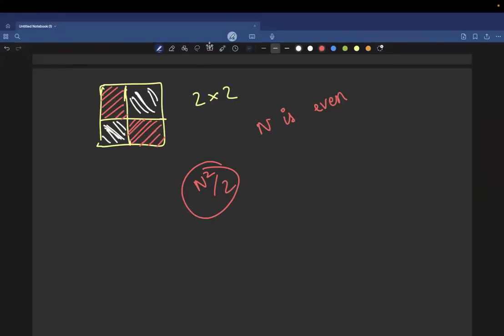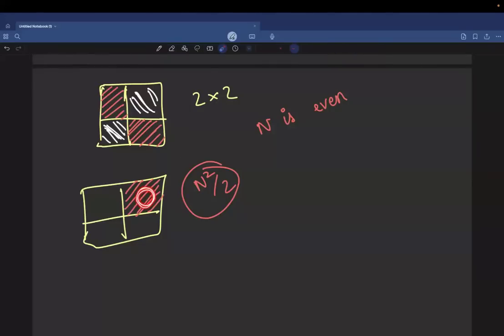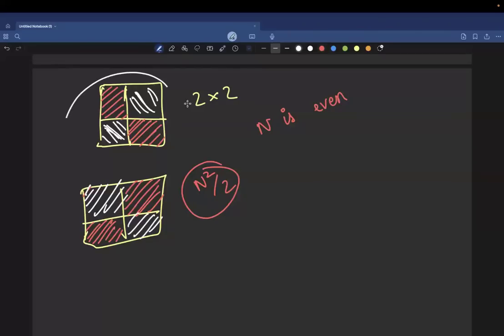So this is one configuration, and the other configuration would be to draw this one as black. Let's say I decided that this cell should be black. In that case, I will have to draw this cell black. This is my only choice, and the others will remain white. So this is the other way of painting them, right?